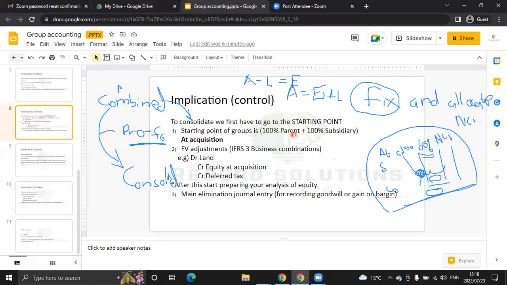Yes, it is correct, because that 90,000 is at cost. So it's 9,000. And then the value of that PPE was 100,000.